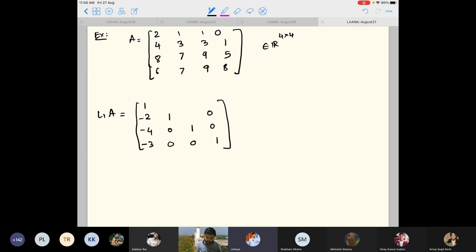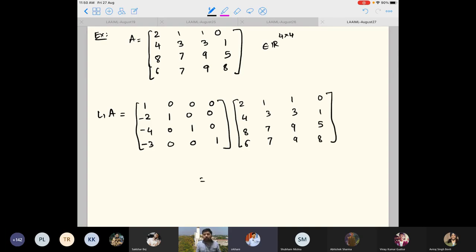This is the only change that I'm making. This is my L1, and I multiply it to A. So what is A here? A is 2 4 8 6, 1 3 7 7, 1 3 9 9, and 0 1 5 8. What will you get after this multiplication? Can you quickly do the multiplication and tell me what you will get?